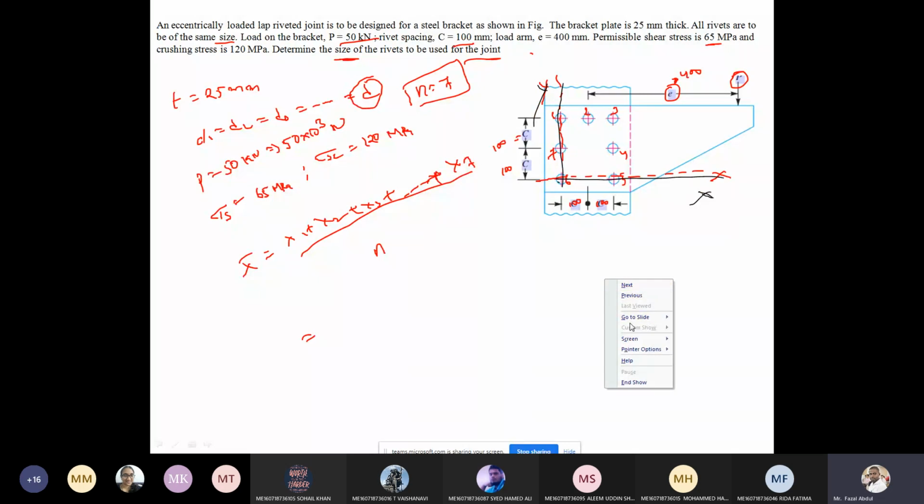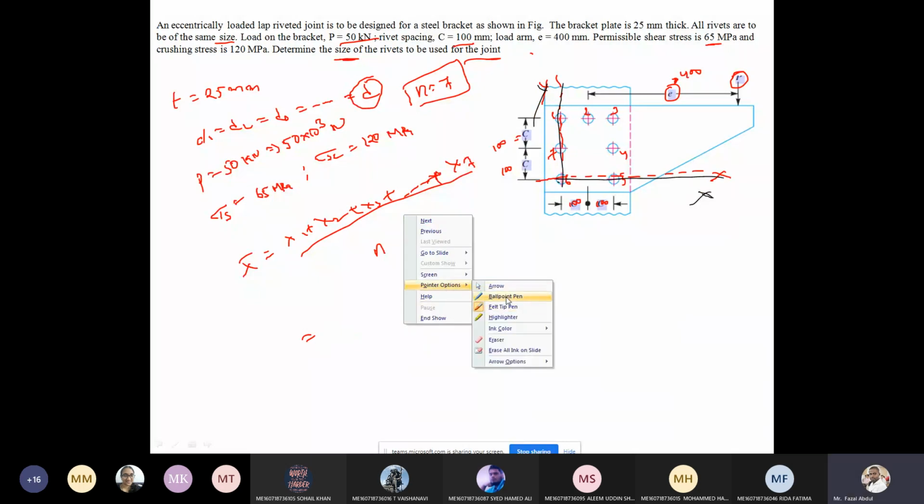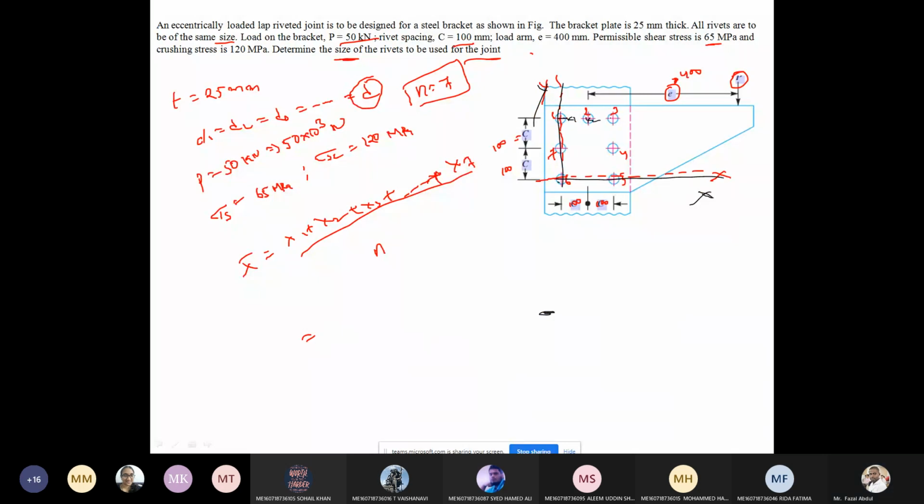Tell me x1, x2 from this figure: x1, x2, x3, x4, x5 up to x7. Where is x1? This is x1, then x2, x3. So x1 is the distance from the O y axis.